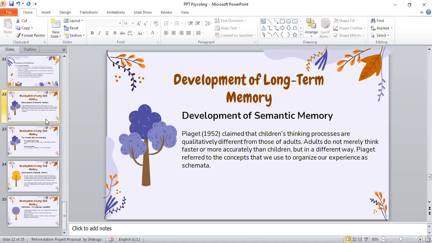Piaget referred to the concepts that we use to organize our experience as schemas. A well-documented example is object permanence, which refers to children's understanding that objects continue to exist even when they cannot be perceived.